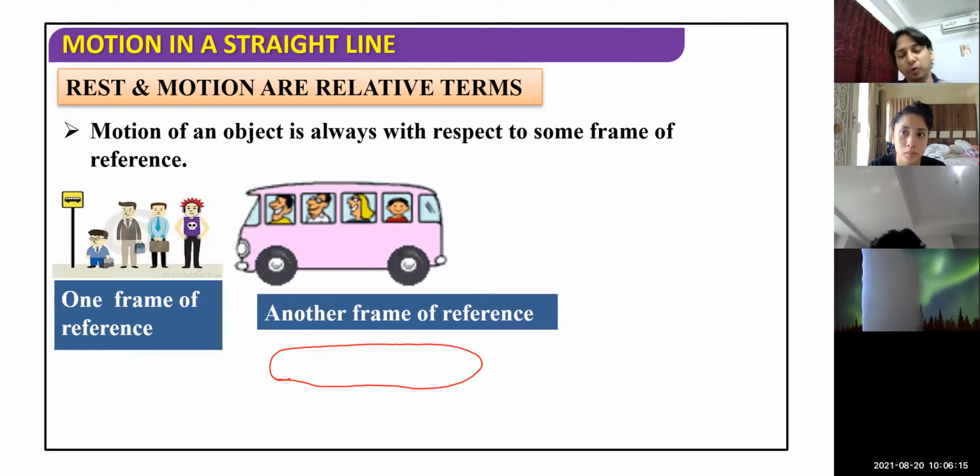And if you look at Earth from some other planet, or maybe from space, you will find that everything is in motion. With respect to the person who is in space, the Earth is in rotation. It is moving. Every object is in motion. So it's a relative term.